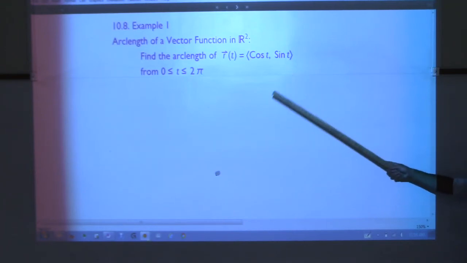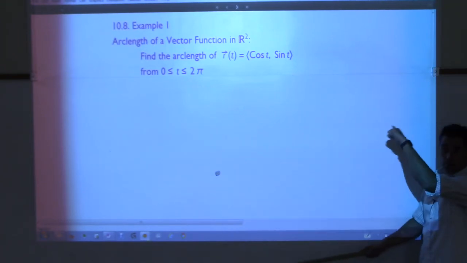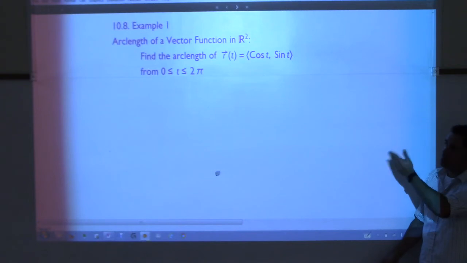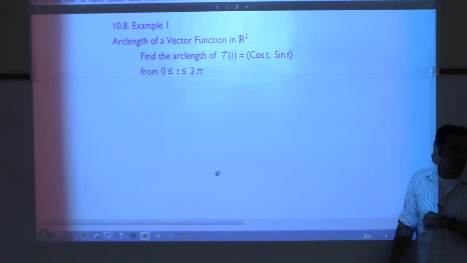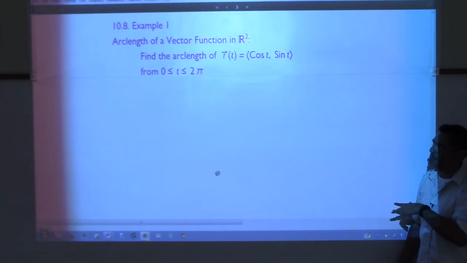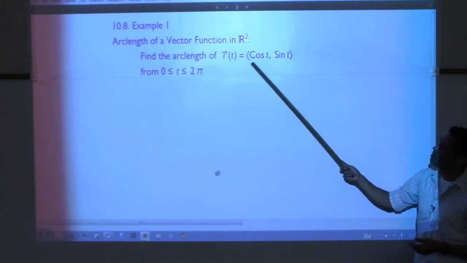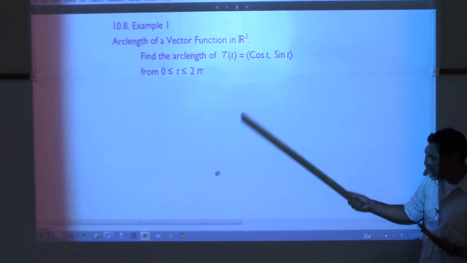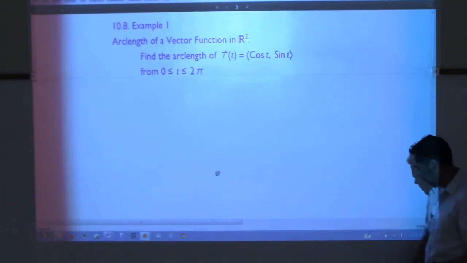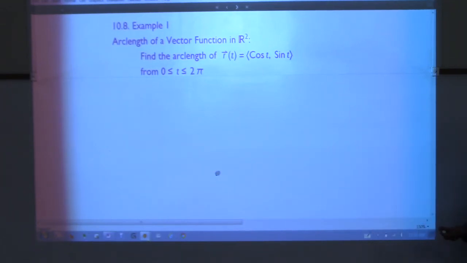The arc length, if we start at 0 and end at 2 pi, we're going to draw the whole circle, aren't we? And this is just basically asking us for that length. And the circumference of a circle is pi times the diameter, or 2 pi r. The radius of this circle is 1 because there's a 1 in front of the cosine, 1 in front of the sine. Yes? Okay, we're going to verify that. I think it's going to be a pretty straightforward verification though.